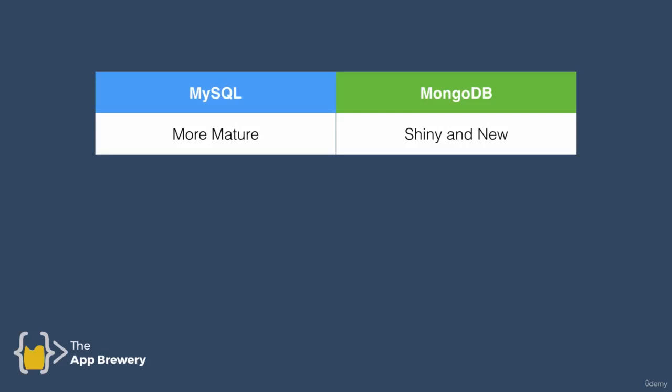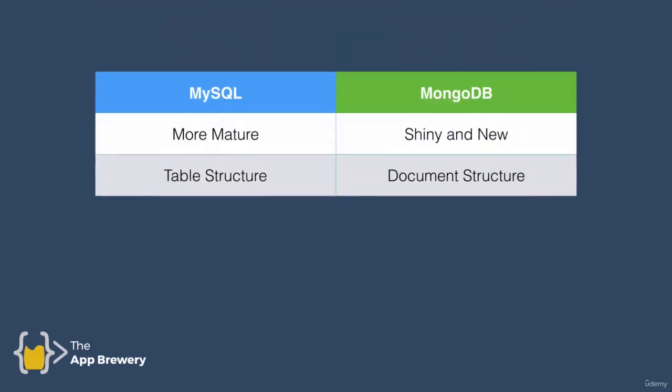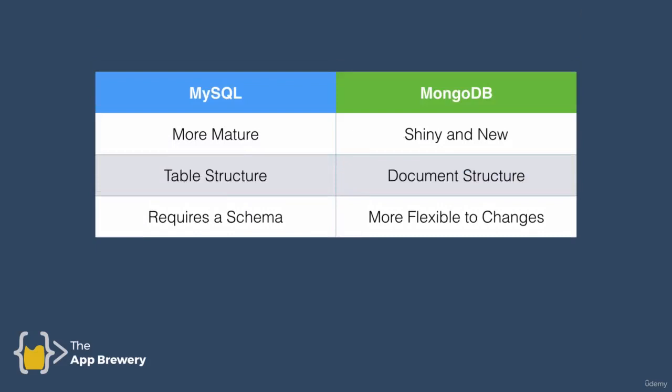The next difference is that SQL databases run on a table structure, as we've seen before, whereas MongoDB works with a document structure. So this way, individual rows of data can each be represented as a document, and this leads us on to the next point. With a SQL database, you should have a structure in mind before you create your database.